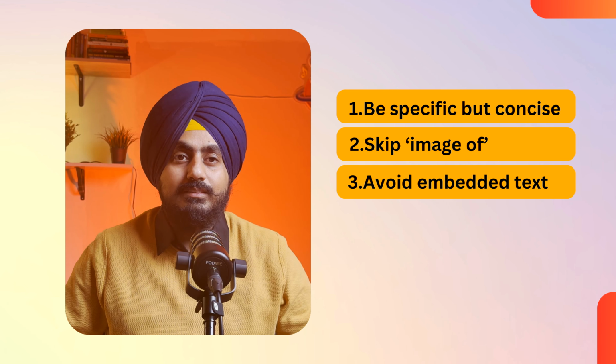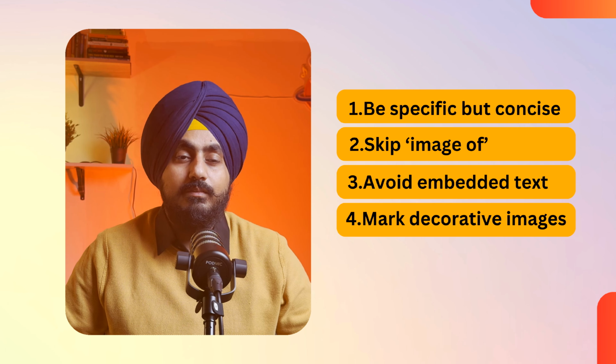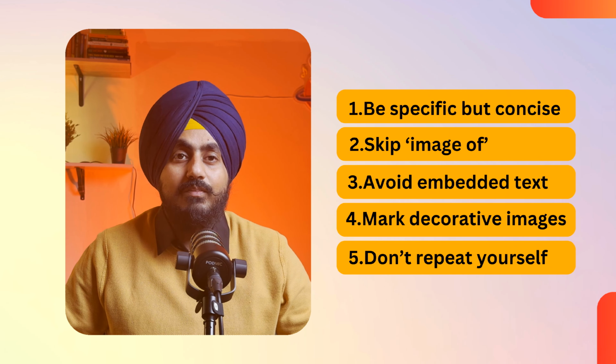Avoid embedded text. Add text to the page instead of the image unless it's a logo. Mark decorative images. Use empty alt text or ARIA roles to make images decorative. And lastly, don't repeat yourself. If the image is already explained nearby, mark it as decorative.